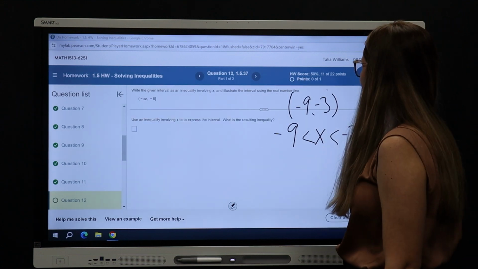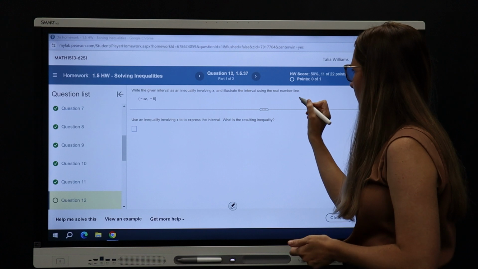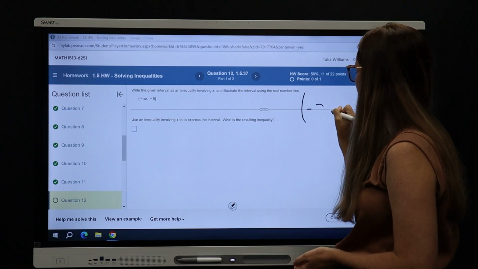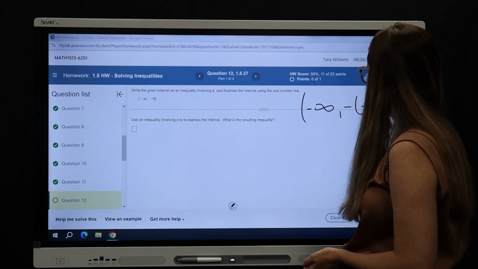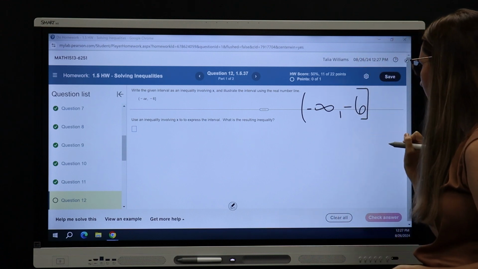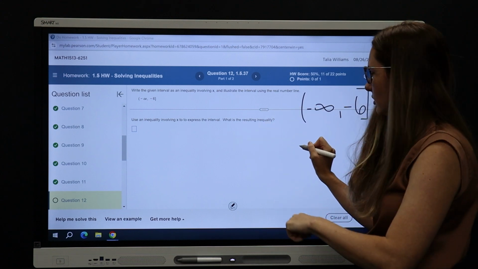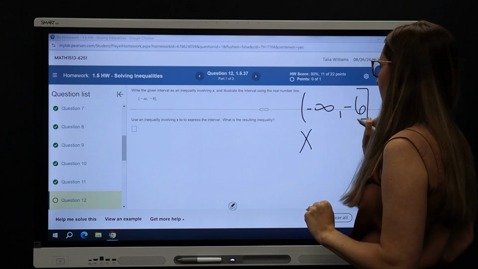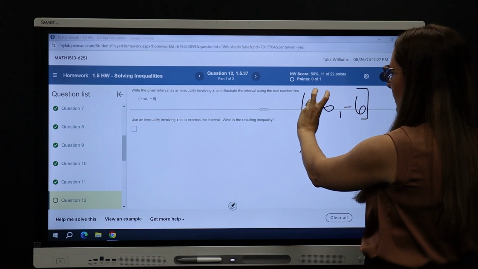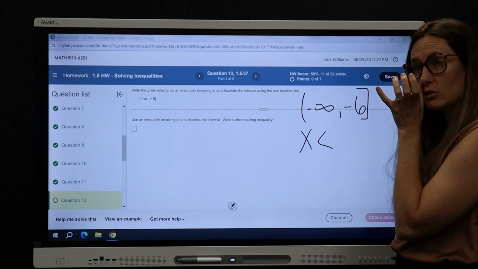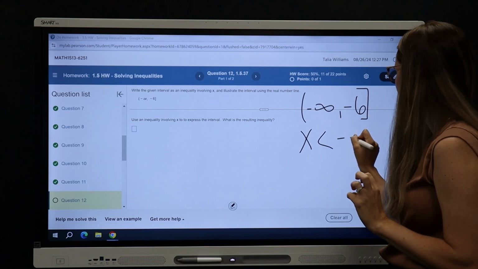Now -infinity to -6 with a bracket. Since it's going to -infinity, first off, if you have infinity, you're going to have x. Then we figure out which sign. If it's -infinity, it's less than. If it's positive infinity, it's greater than. And we have -6.